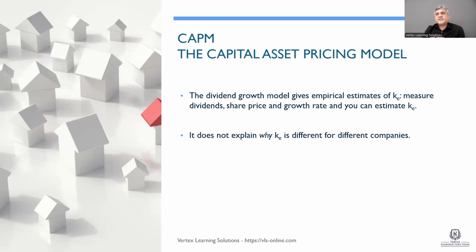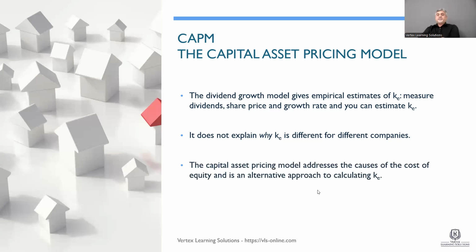So through CAPM we will try to answer this question: the same investors investing in different companies, different businesses or different countries are looking for different returns. Their cost of equity changes based on the risks which are attached to that particular project or business.